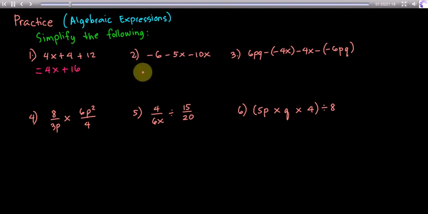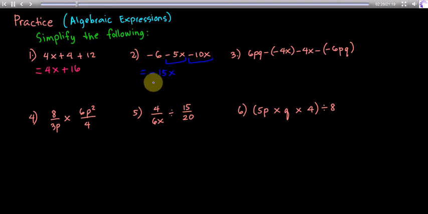Number 2. Negative 6 minus 5x minus 10x. As you observe, we have minus 5x and minus 10x. They are like terms, so we can combine them. So minus 5x minus 10x is equal to minus 15x.